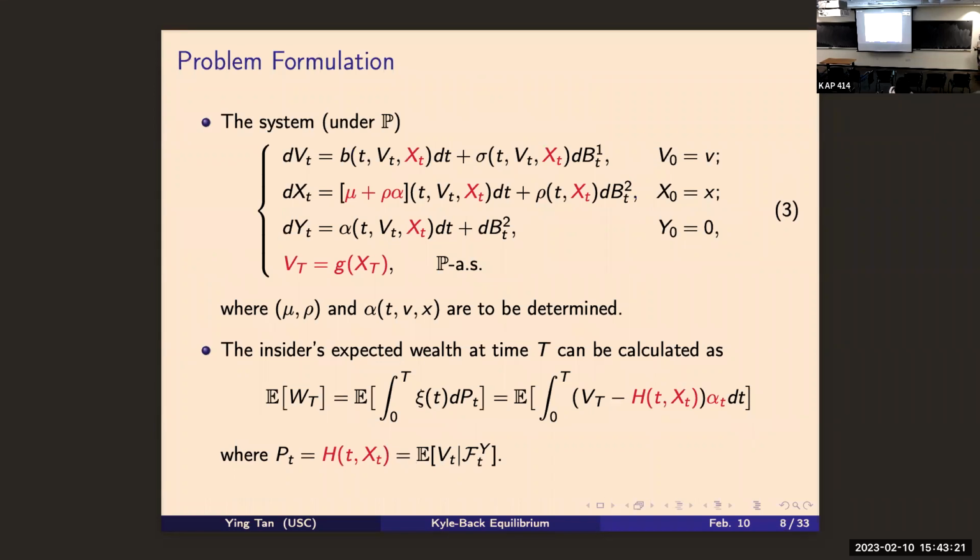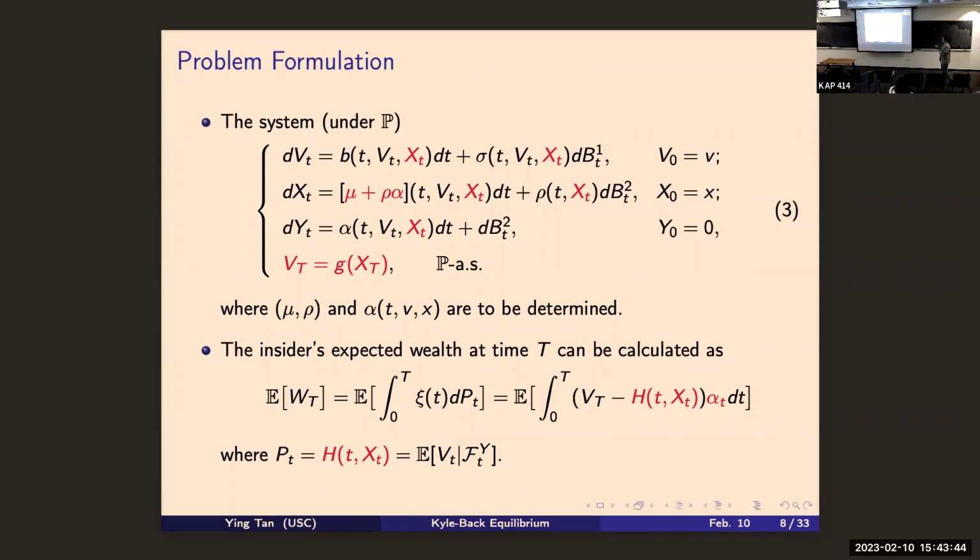Now finally we can formulate our problem. We have the system V, X, and Y, and we have this extra terminal condition that V capital T is equal to g of X capital T. In this system, the functions mu, rho, and alpha are to be determined.